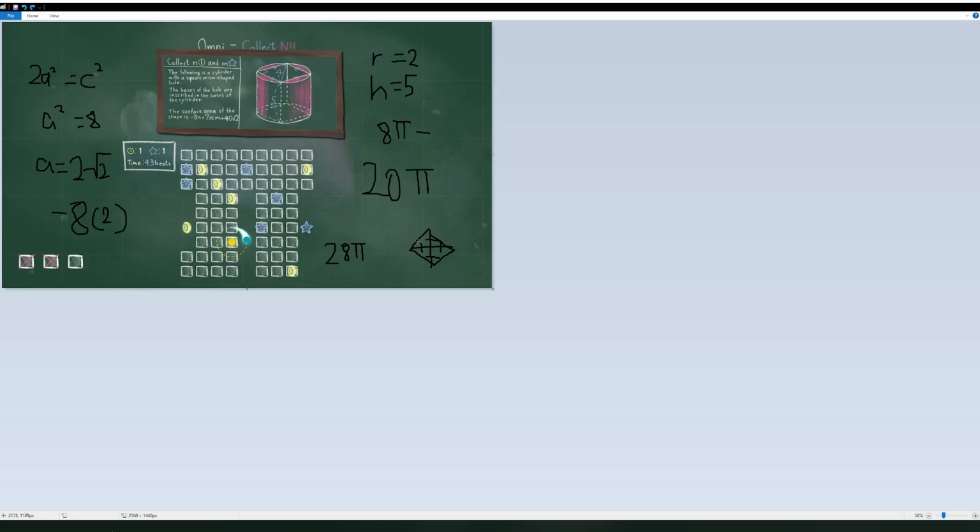So you have 4, 4, 4, 4, and each one also needs to be divided by 2, so you got 2, 2, 2, 2, which is just 8.